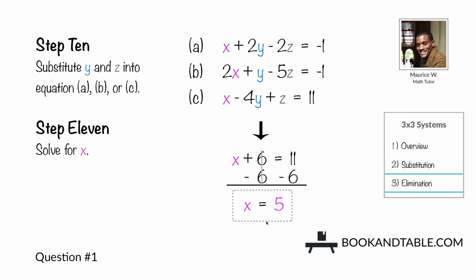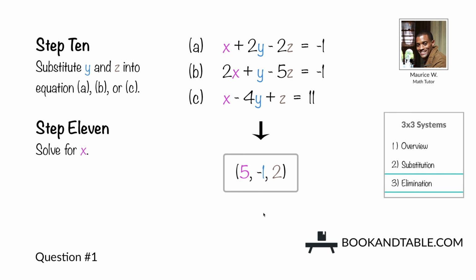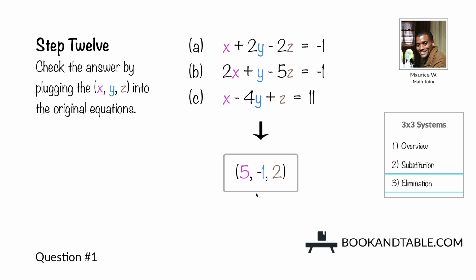So now we found the solution to be the point where x is 5, y is negative 1, and z is positive 2. And now step 12, check the answer by plugging the x, y, z, 5, negative 1, positive 2, into the original equations.